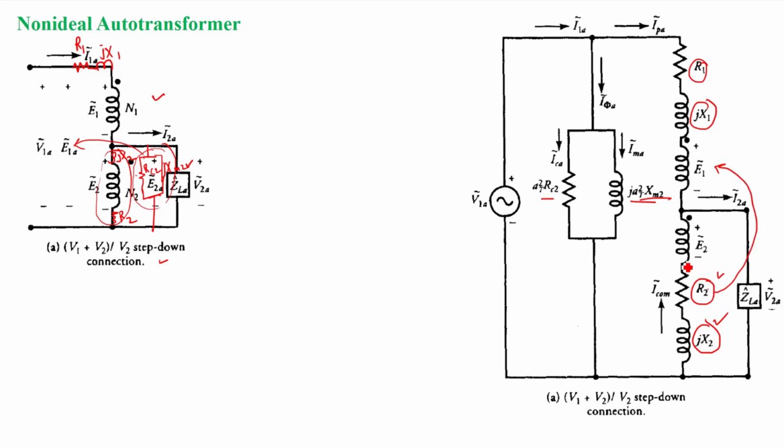If I refer to this side, it will be multiplied with a square only, as for a two winding transformer.